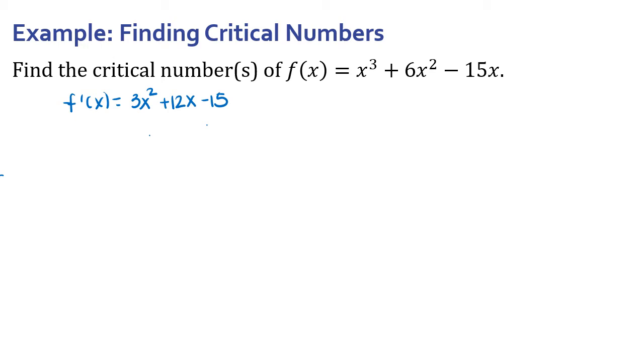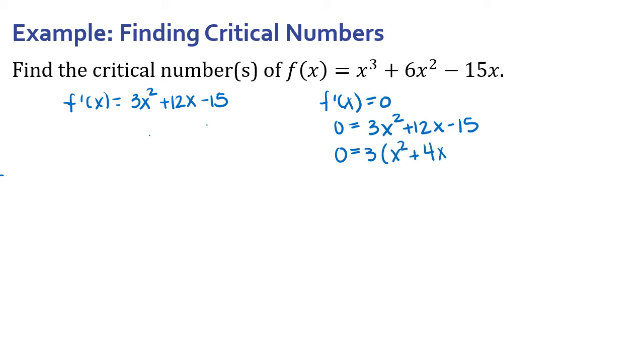But now what we need to do is figure out where this derivative is going to equal 0. So this is going to equal 0 when 3x squared plus 12x minus 15 equals 0. So let's factor this out. I can factor a 3 out of each term and get 3 times the quantity x squared plus 4x minus 5, and then we can continue factoring this further into 3 times the quantity x plus 5 times the quantity x minus 1.